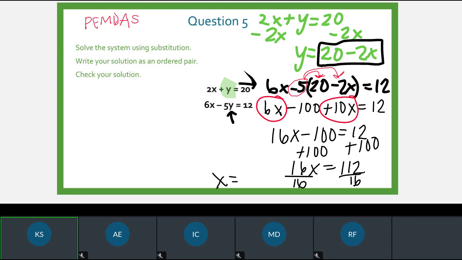X equals... Yes, good, Anna. So x equals 7. Okay, good. So now we've got a value for x. So what should we do next? Now we need to find a value for y. How are we going to do that?